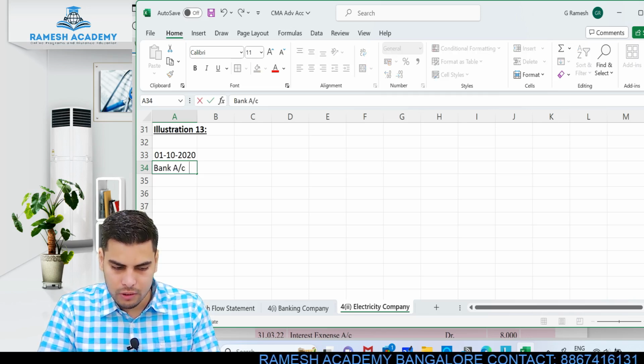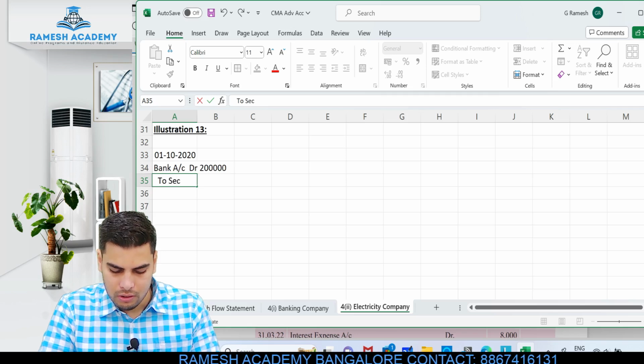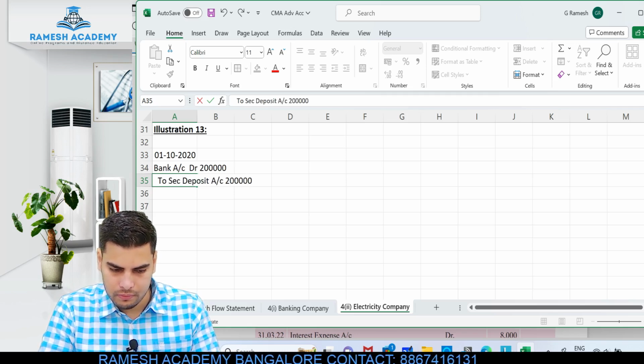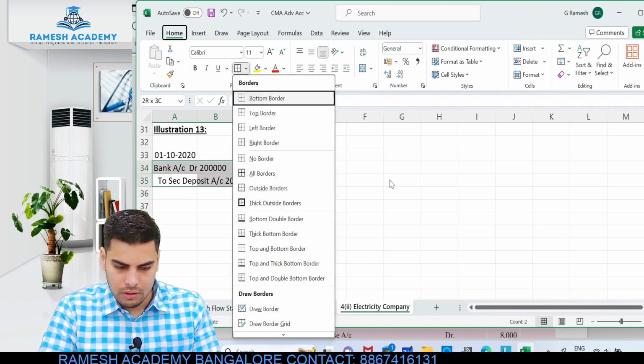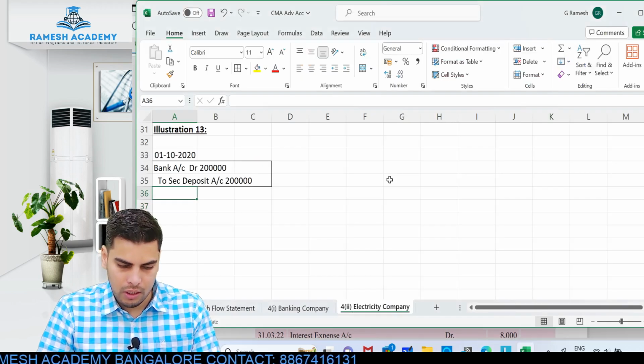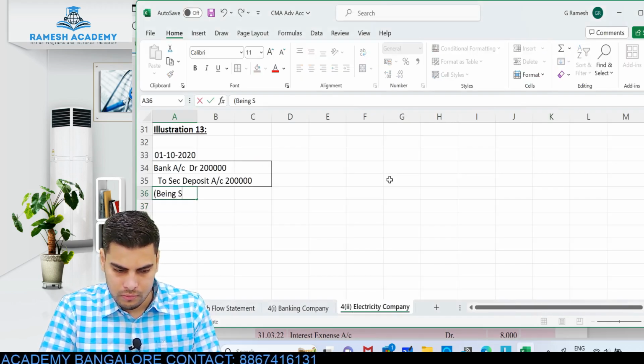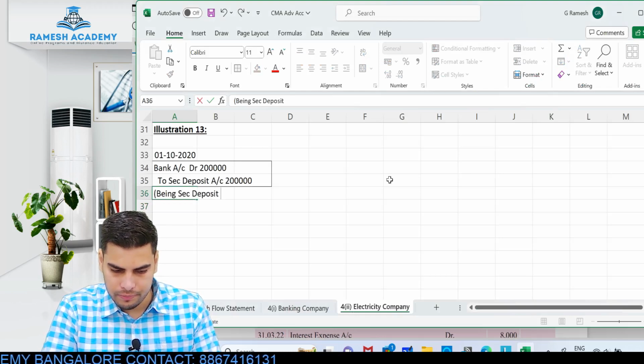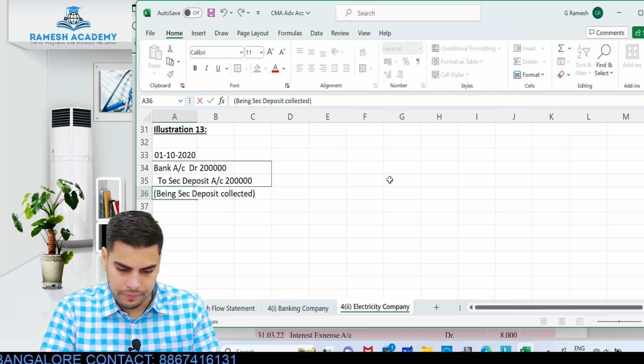What will be the entry for this? Bank account debit 2 lakh to security deposit account 2 lakh. This would be the entry for collection of this particular security deposit, being security deposit collected.